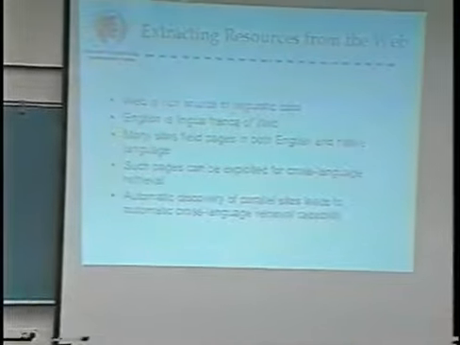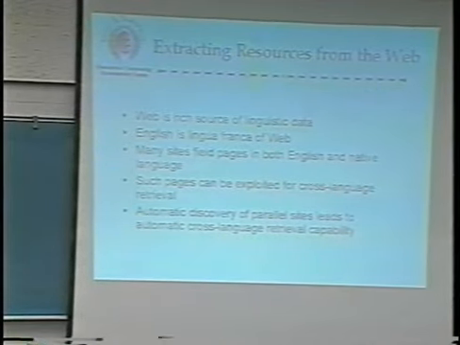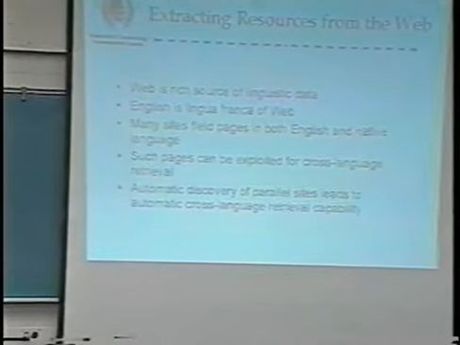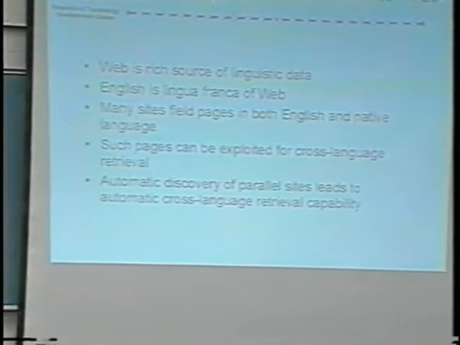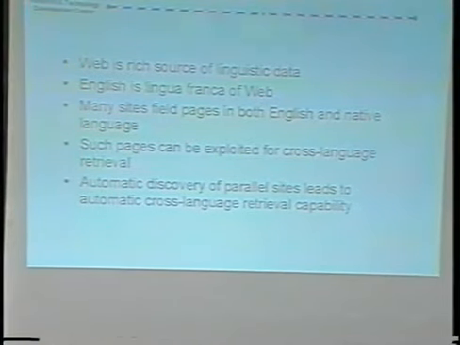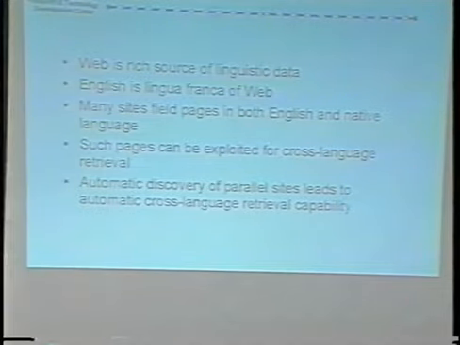Another thing that we have ongoing is trying to mine the web for these parallel collections, and you've probably all gone out and seen sites that have two different languages. Often one of the languages is English, because until very recently, English was really the lingua franca of the web. That's changing now, but there's still a lot of sites out there that have both English and another language.